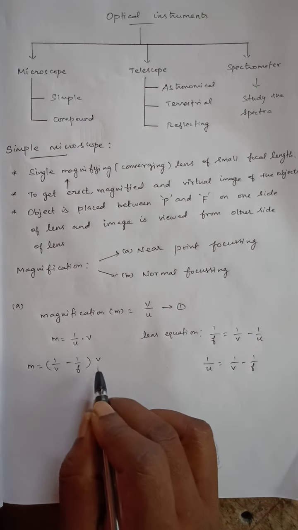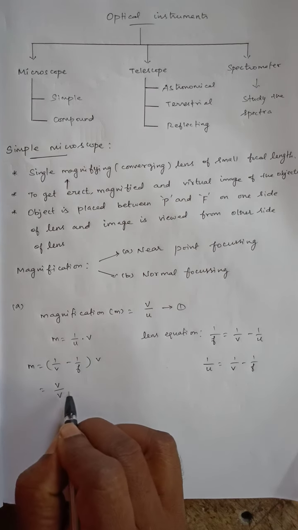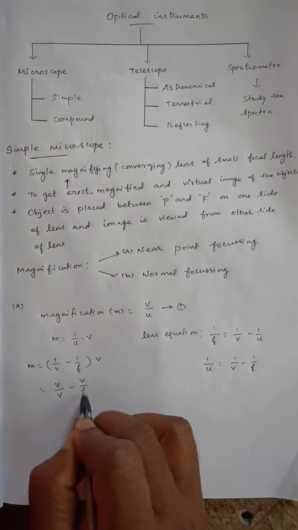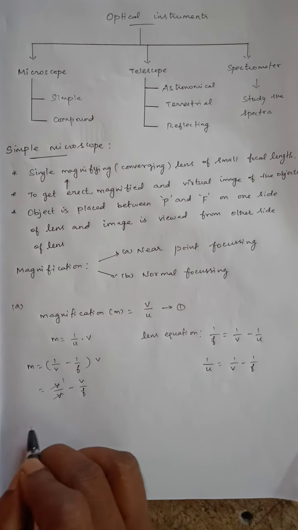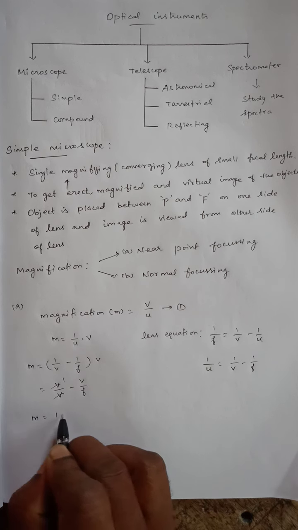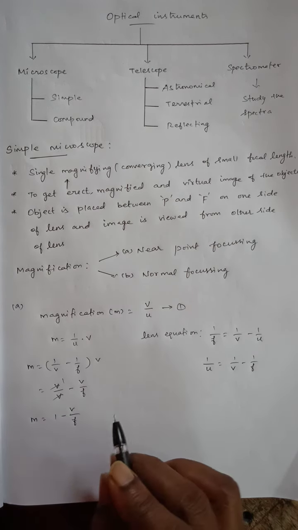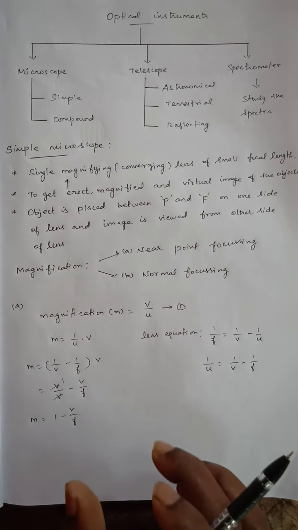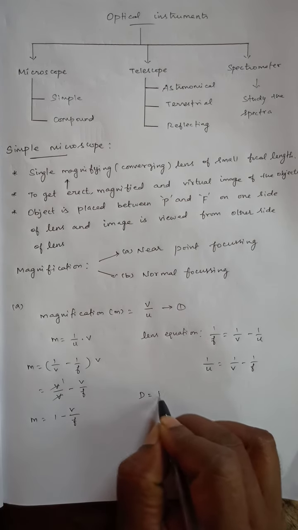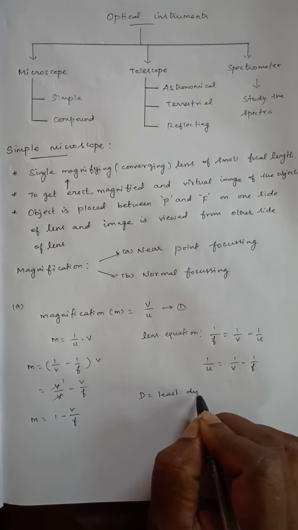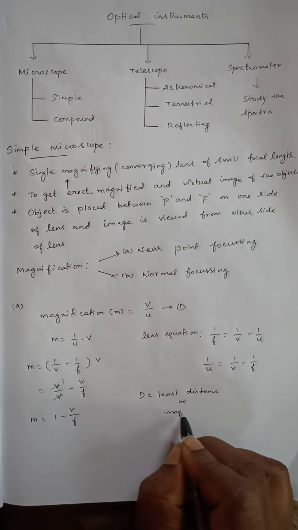Multiplying v into the bracket, we get v into 1 by v minus v into 1 by f. Cancelling the v, the magnification M is equal to 1 minus v by f. Now in near point focusing, v is equal to D, where D is called the least distance, or also called the image distance.